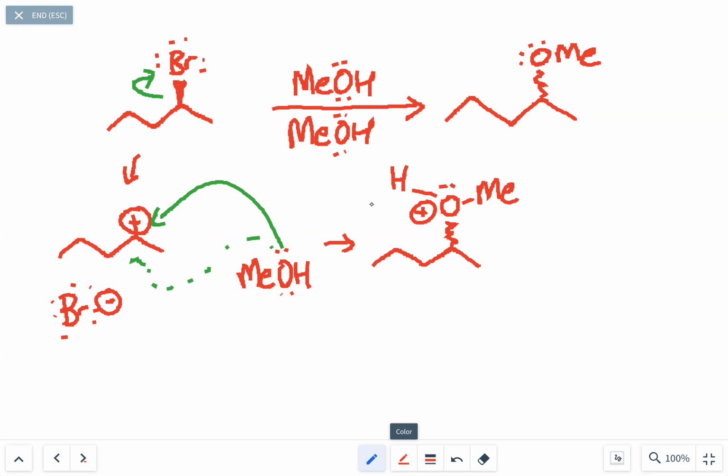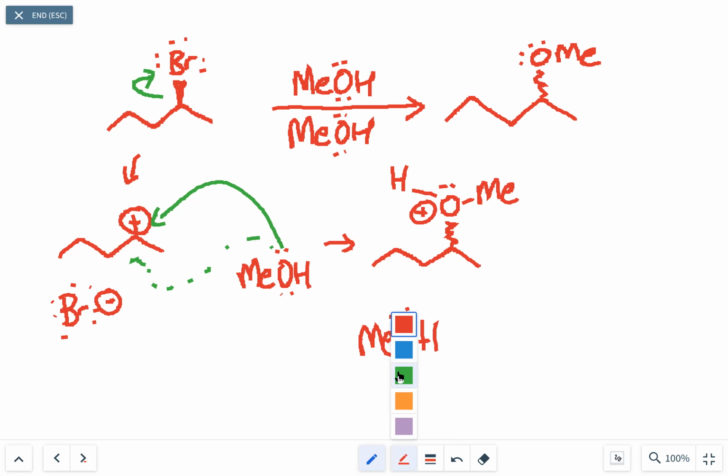What's the last step? Right, we need to remove that proton. So we're going to deprotonate that proton, and we're going to deprotonate this proton with methanol.